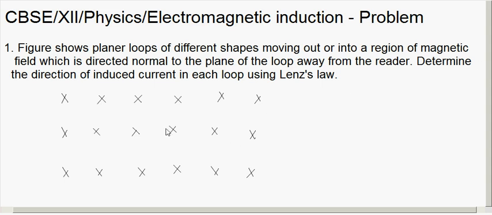First we have a rectangular loop A, B, C, D, and let us say this loop is moving into the field.